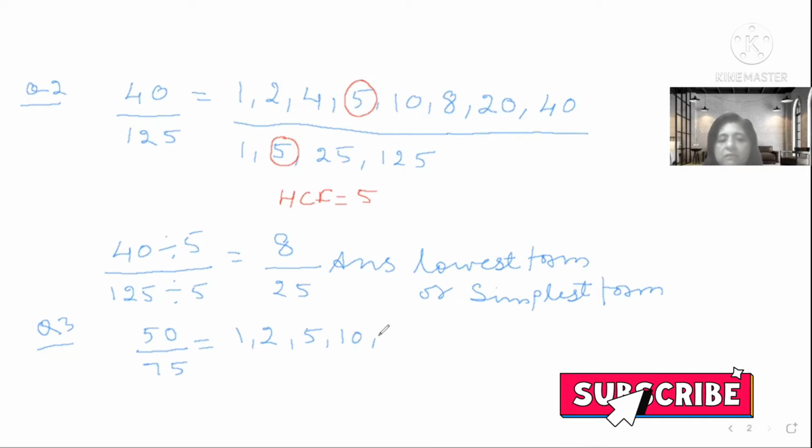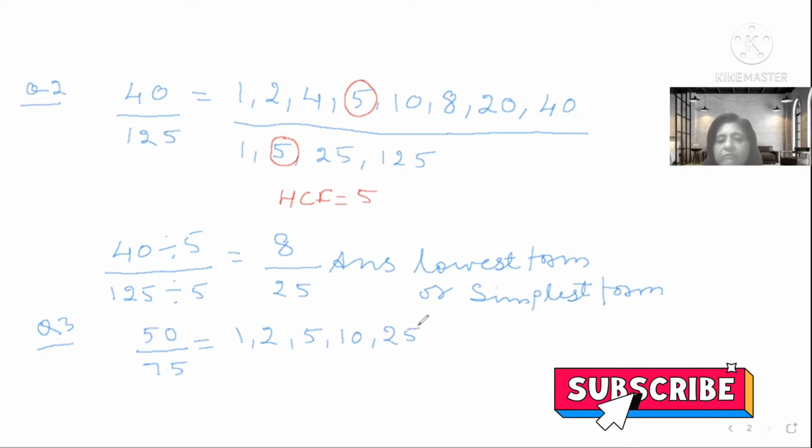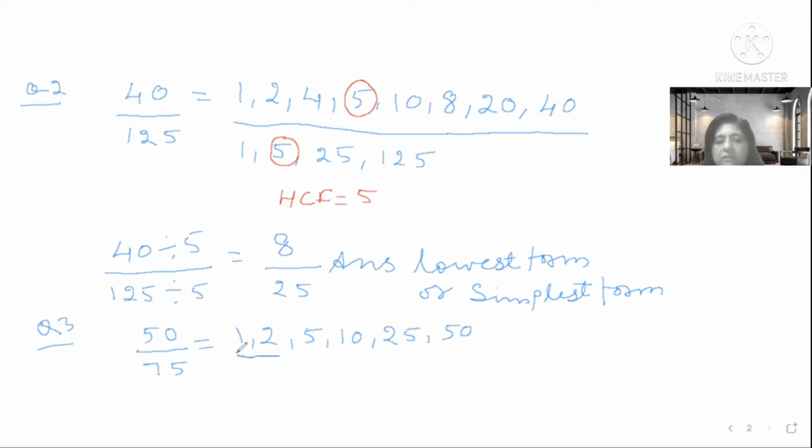So what are the factors of 50? 1, 2, 5, 10, 25, and 50.